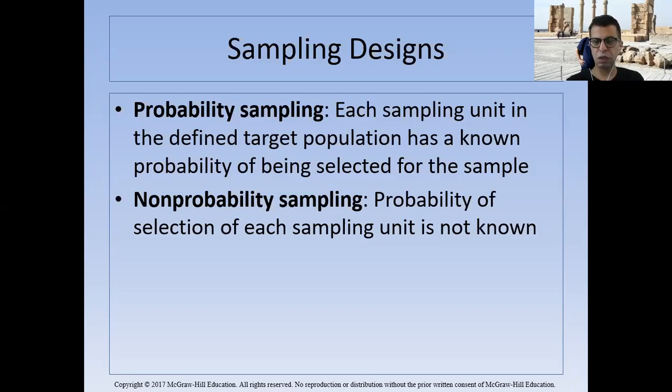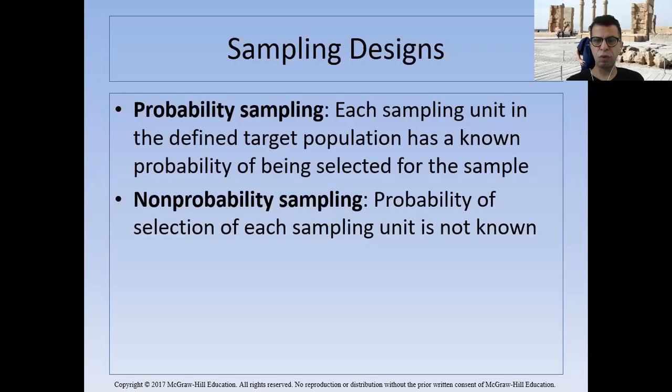This is mostly done in person surveys. So you're in the mall, you see people passing by, and for some reason, you start avoiding a certain type of people, for example, young males. You don't want to ask a young male. That's what is called non-probability: the probability that a young male will be asked in the mall is not clear.